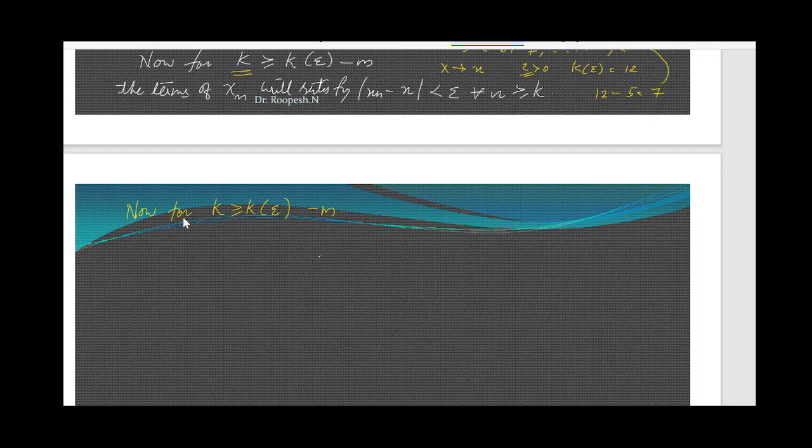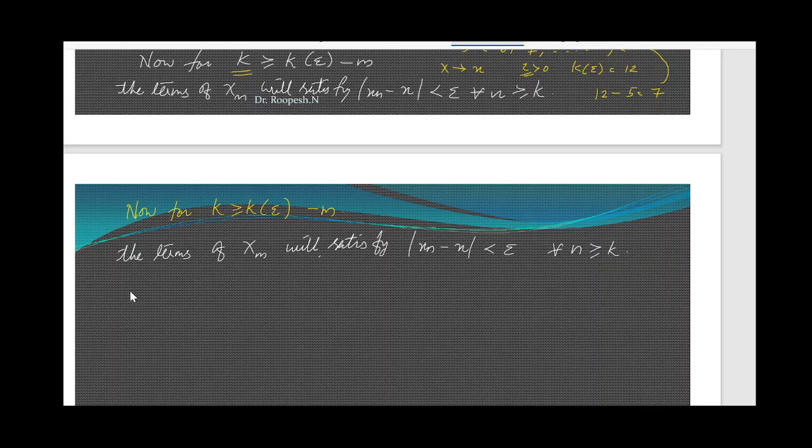The terms of xm will satisfy modulus of xn minus x less than epsilon for every n greater than or equal to k.